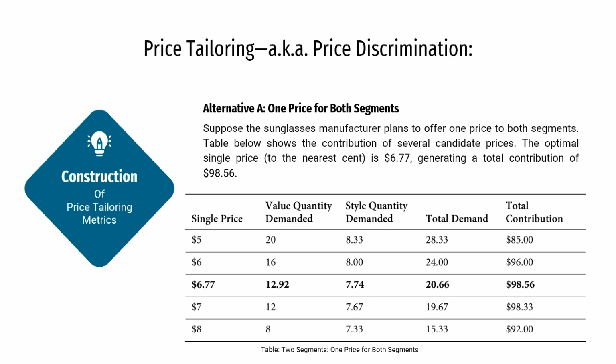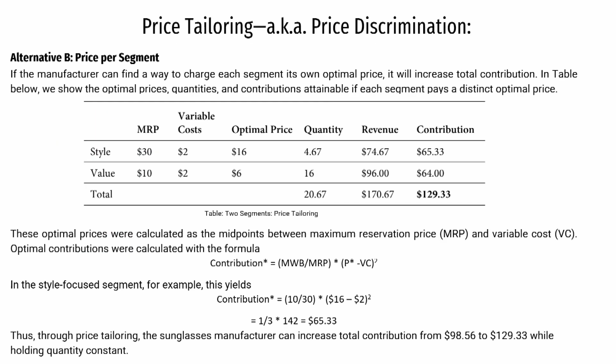The total contribution is calculated by subtracting the variable cost from the price for each segment, multiplying by the quantity demanded for that segment, and summing up the contribution for both the segments, right. So, now the MRP is $30, variable cost is $2. For the style segment, if I consider a linear demand function, what is the optimal price?